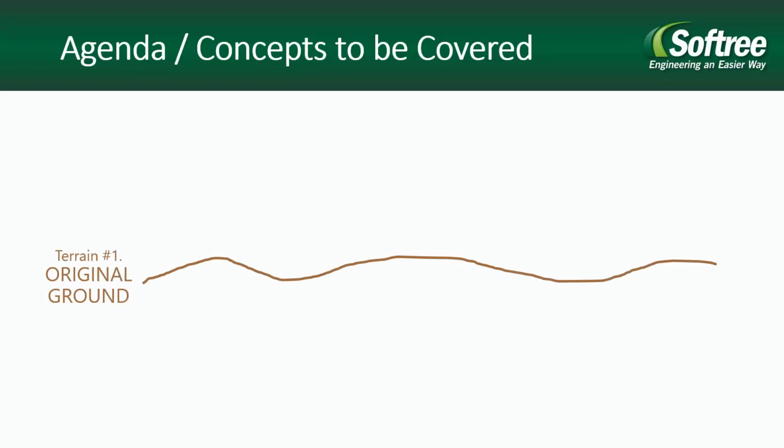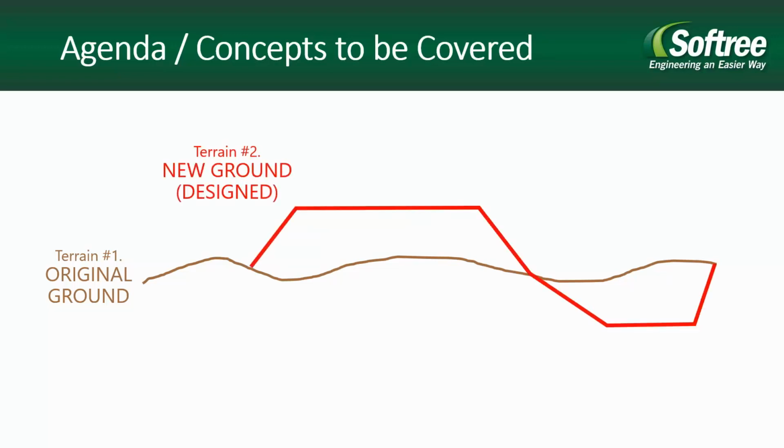Before I pass it over to our presenter, Dave, I just wanted to go through a typical workflow for most types of site design. We start with our original ground in our first terrain file. In a new terrain file, we create our new manufactured surface that references our original ground.